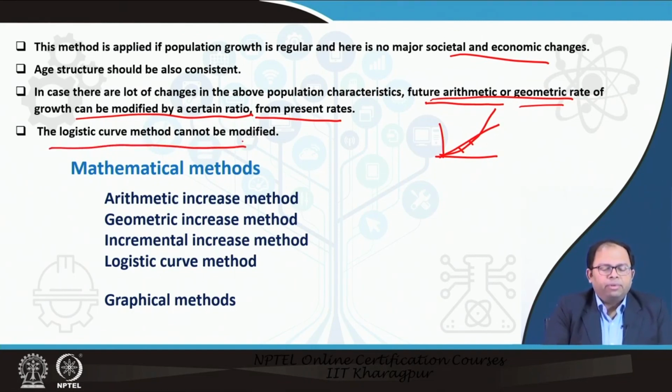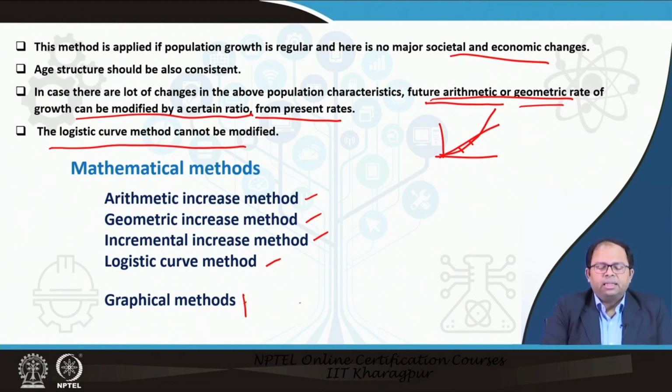So, in mathematical methods, we have several sub methods: the arithmetic increase method, geometric increase method, incremental increase method, logistic curve method, and graphical methods. Graphical methods are not arithmetic methods, but it almost could be, because it is done manually, using graph paper.